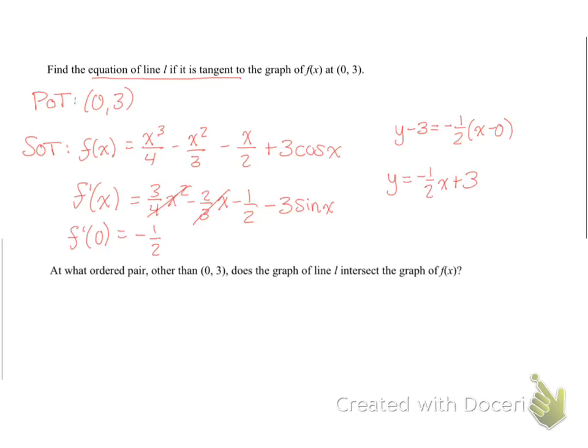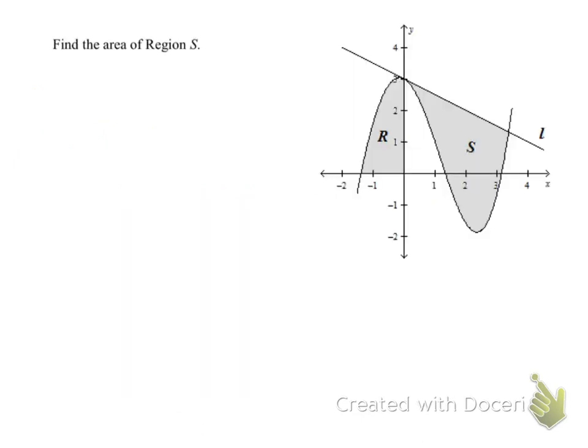And you should get that the point of intersection is 3.3898677 and 1.30506662. Okay. So those are crucial points because that will help us find the area of region S, which is our next question here. So now we need to find all of this area.